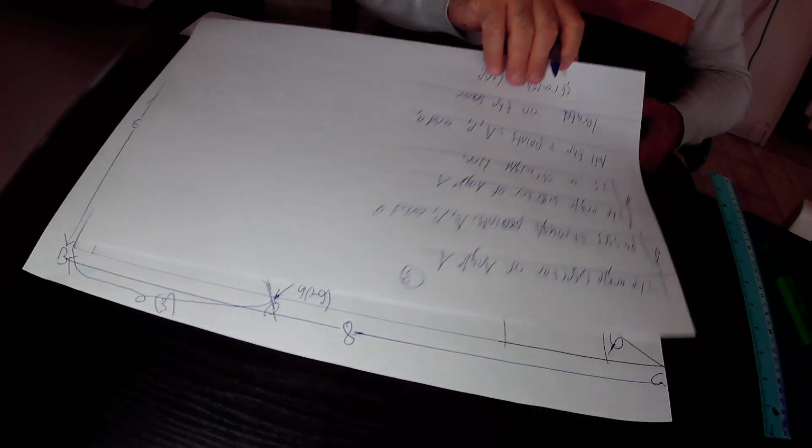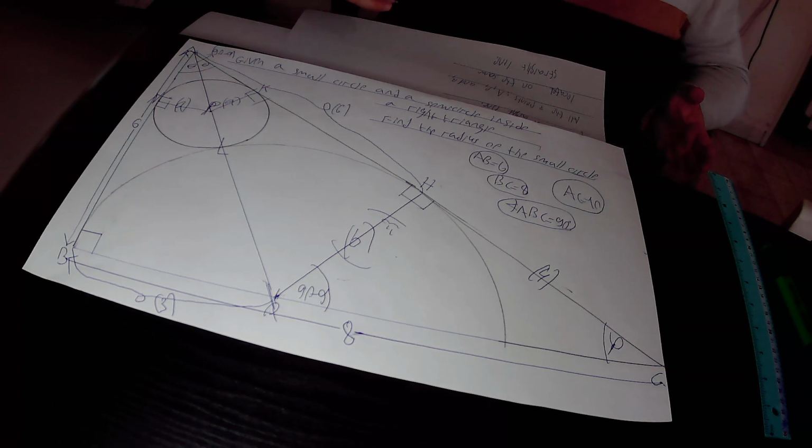And the straight line is the angle bisector of angle A. Again, the straight line is the angle bisector of angle A.